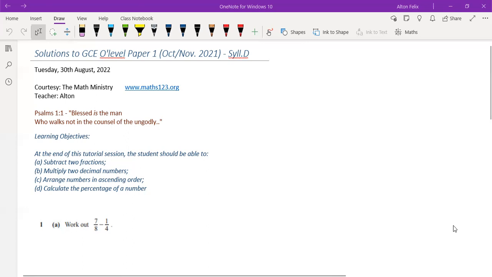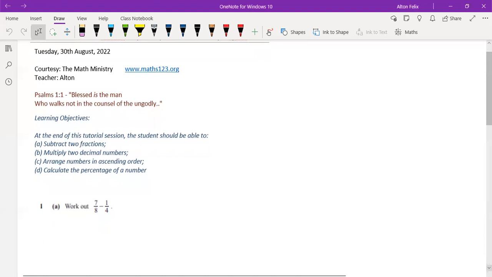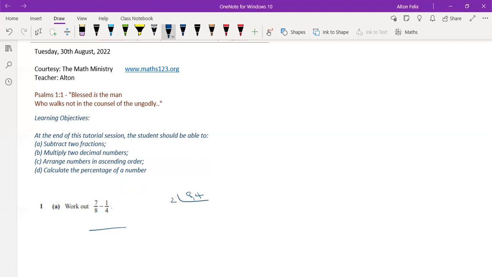We need to find the difference between these two fractions. And we're going to first take the LCM of these two numbers, 8 and 4. If by chance you forget how to find your LCM, you can go through the division. 8 divided by 2 is 4. 4 divided by 2 is 2. 2 divided by 2 is 1.